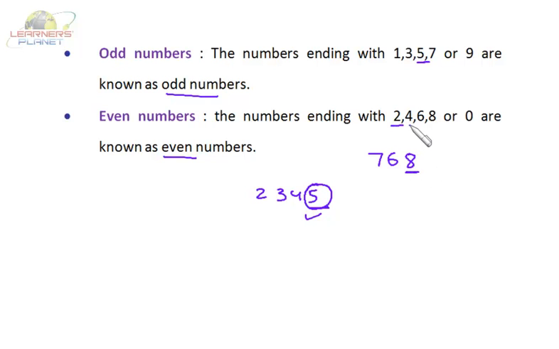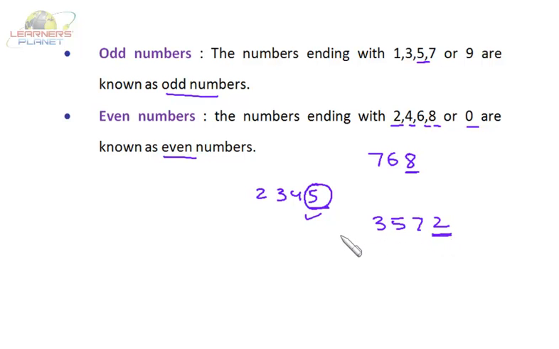Okay, so 2, 4, 6, 8 or 0, if they are at the units place, then the number will be an even number. Okay, now let's see this, 3572. Just see the unit digit, it is 2. So it will be an even number.